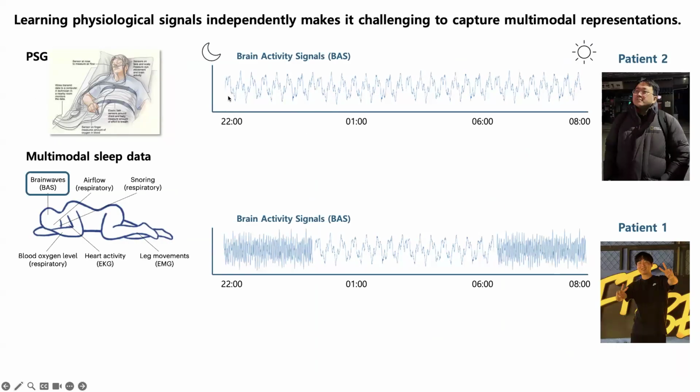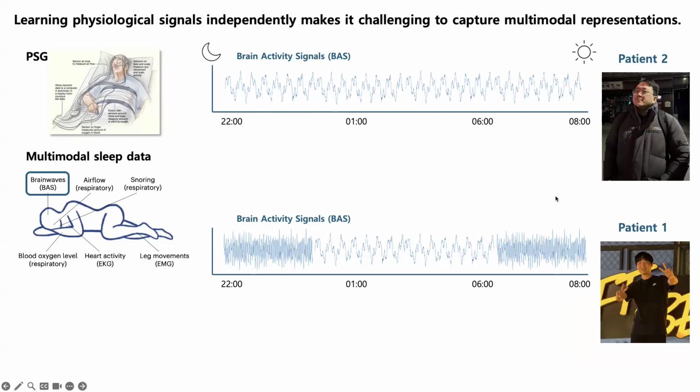At the beginning, patient two's signal is fluctuating and then stable. Patient one's signal is fluctuating hard in the beginning, becomes stable in some moments, and then fluctuates hard again at some points.